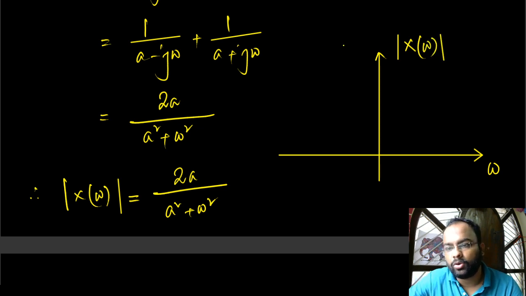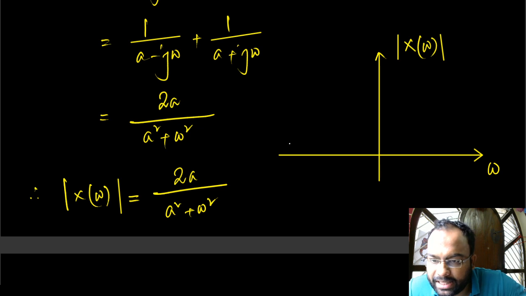I know how to draw this. The drawing would be pretty similar to the one we had drawn earlier. Only slightly the slope would be sharper based on the value of a.